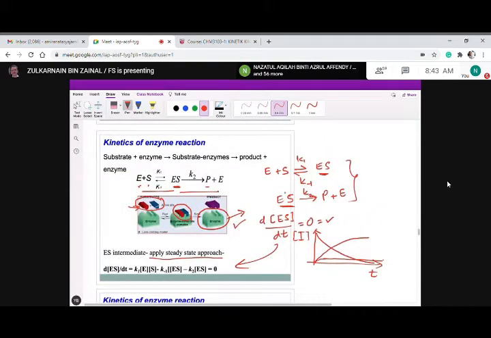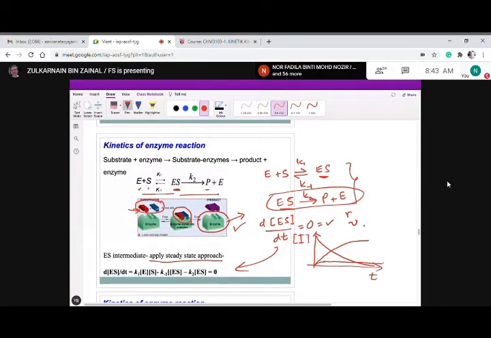So you can just write rate, or certain books like to write V for velocity, but anyway, we only use rate.